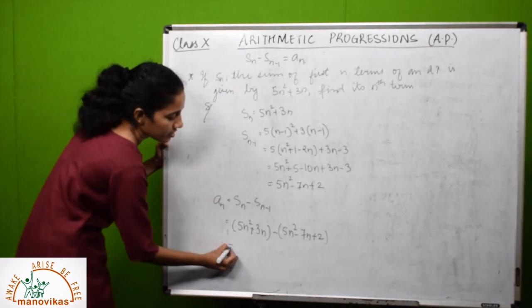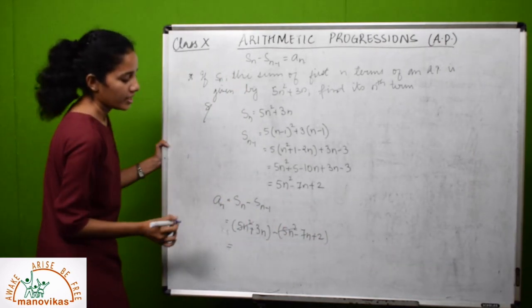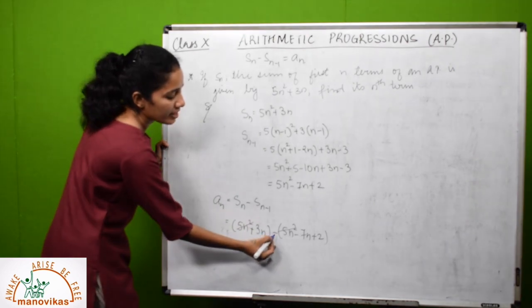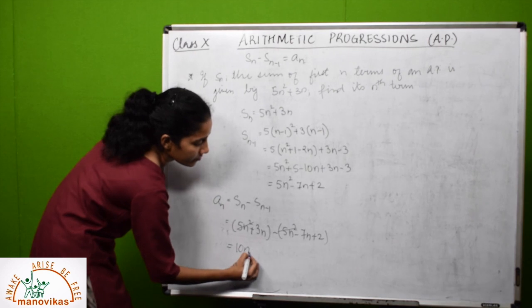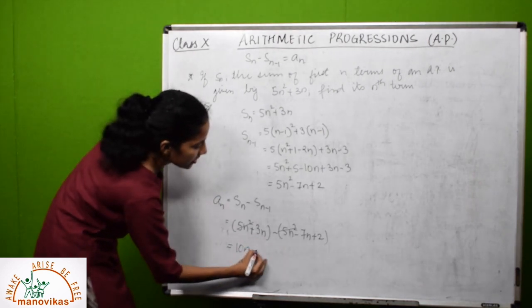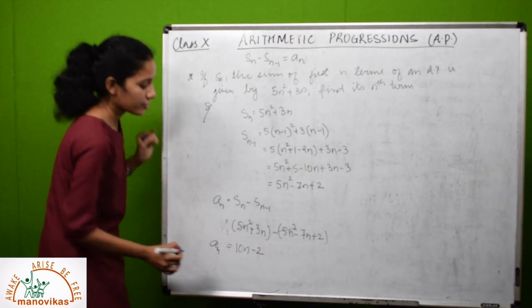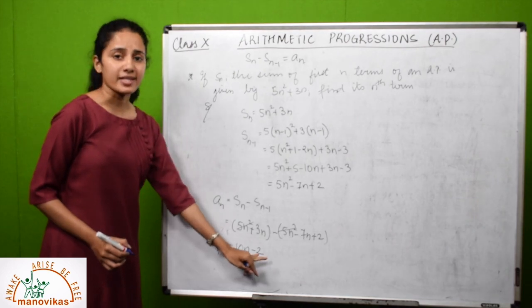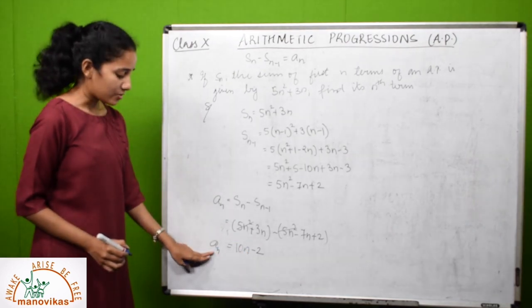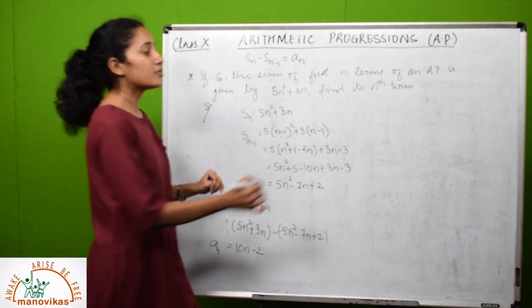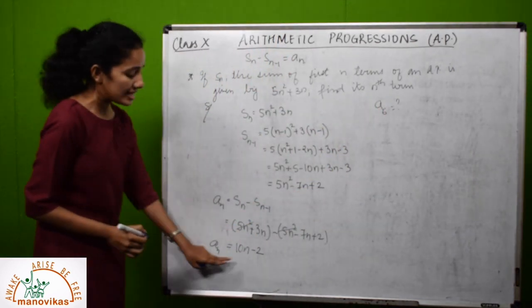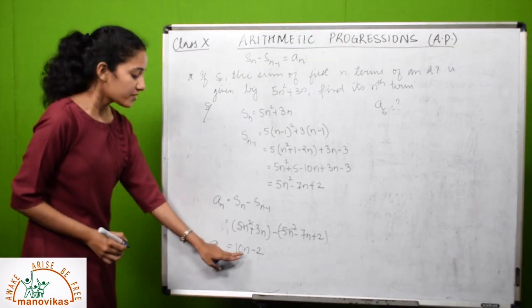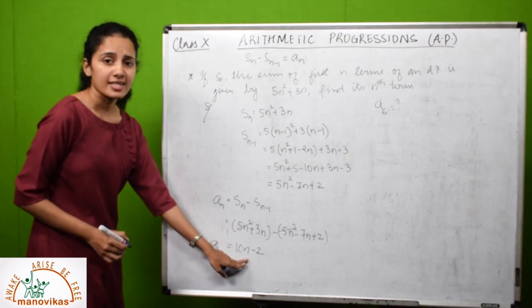Opening up the brackets, this term will cancel and you will be left with 3n minus of minus 7n will be 10n, and that will be negative 2. Therefore, the nth term is given by 10n minus 2. If they had to tell you to find, say, the 6th term, then you would just replace wherever there is n in this expression by 6 and do it.